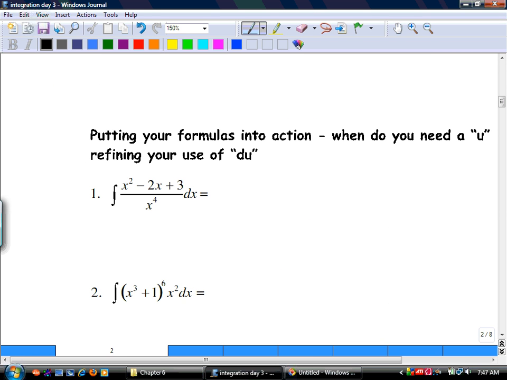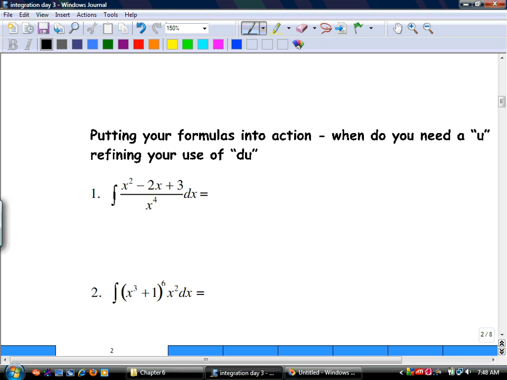Okay, so putting your formulas into action. When do you need u substitution? Part of the thing when it comes to antiderivatives is, what do you do when you're looking at this? If I let u equal x to the 4, then du is going to be 4x cubed.